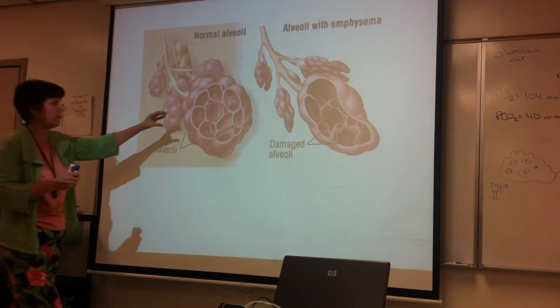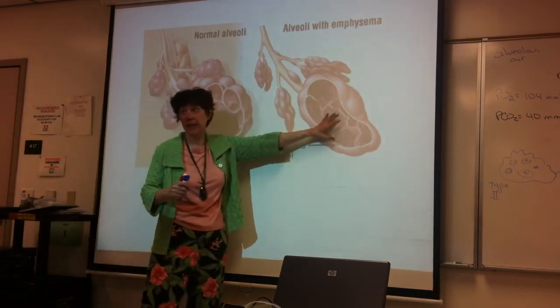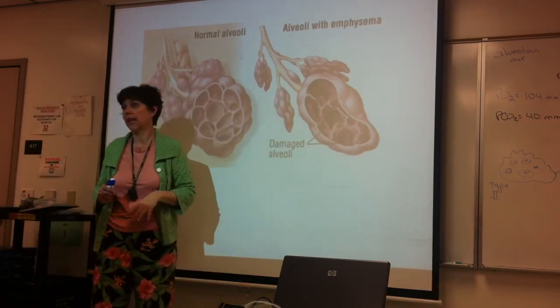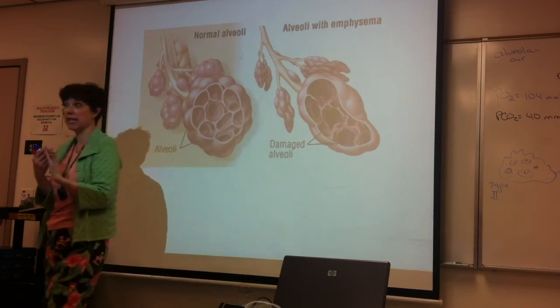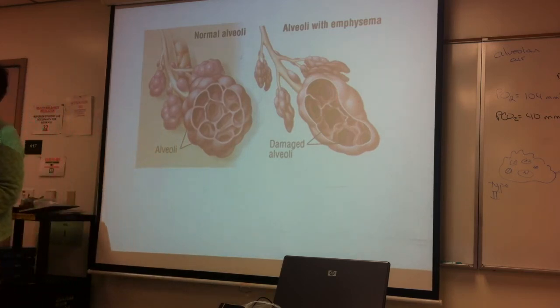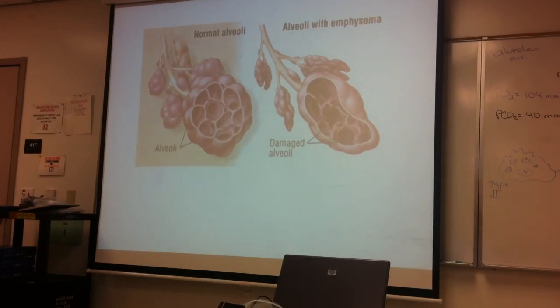With emphysema, we have large alveoli because there's a breakdown of the walls. So we don't have as much surface area, nor do we have the blood supply, and it takes longer for gas exchange. And it actually is difficult to move the air in and out, so we tend to have a higher CO2 as well because the gases aren't moving out.